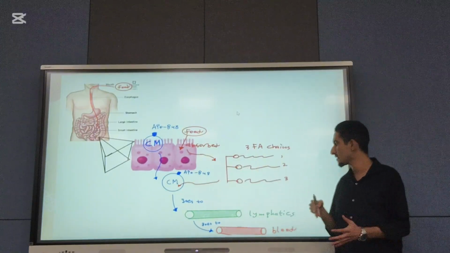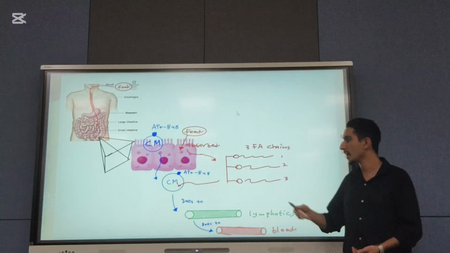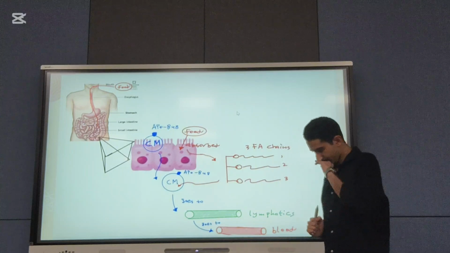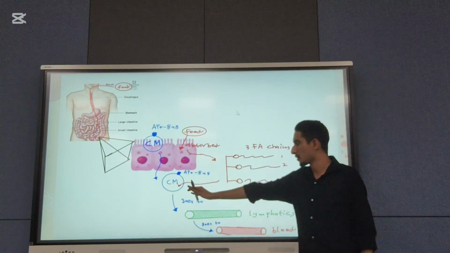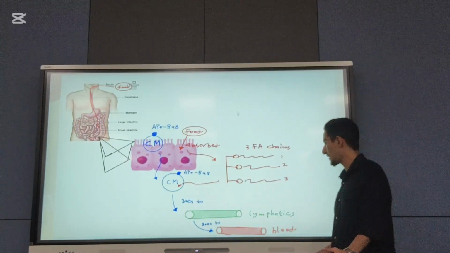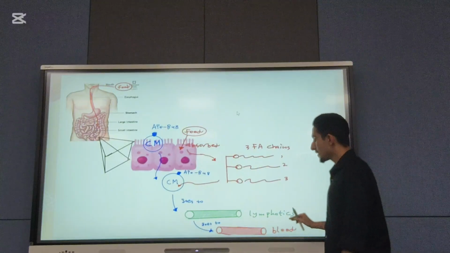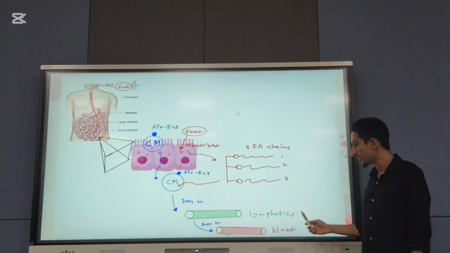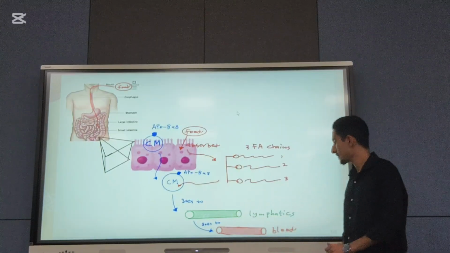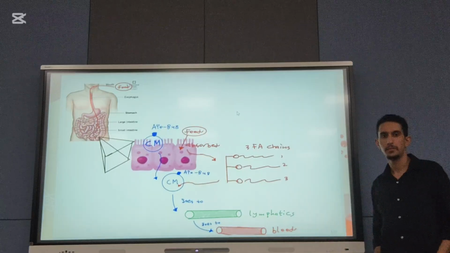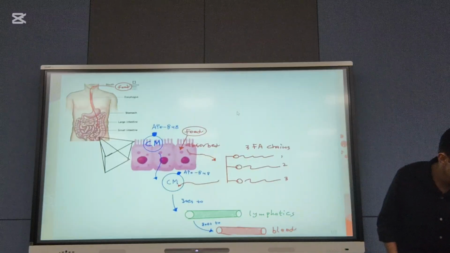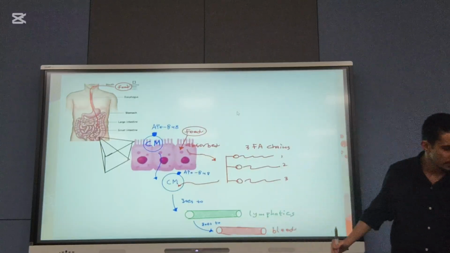Then the chylomicron gets absorbed into the lymphatics, the lymphatic system. After that, it goes to the blood, the circulation. It enters the blood, and we will continue the story in the next slide.